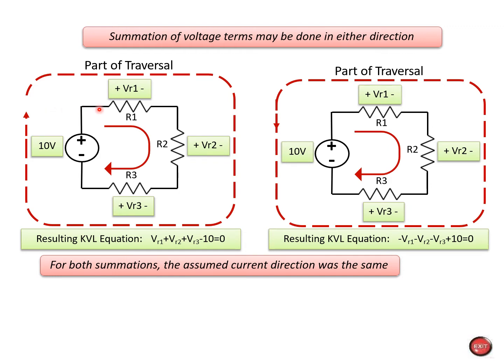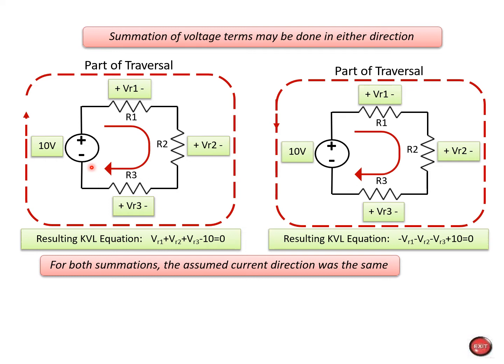So the potential at R1 is equal to VR1, at R2 it is equal to VR2, and as you move forward, the potential at R3 is equal to VR3, since both the directions are the same.